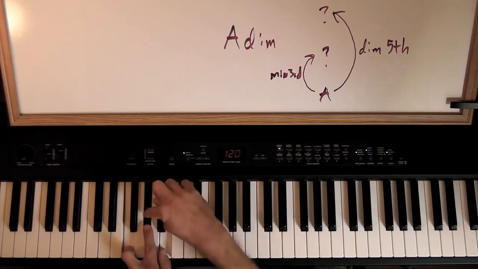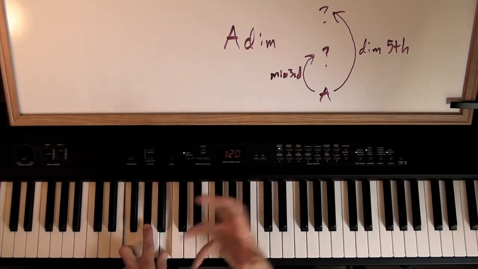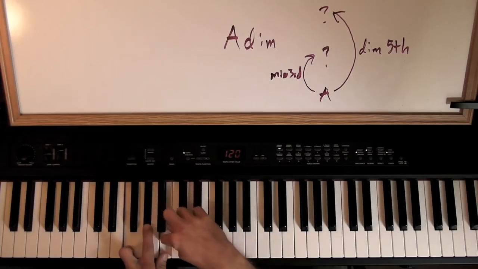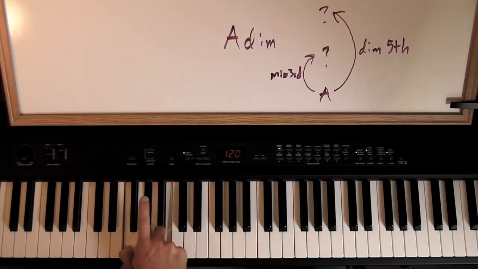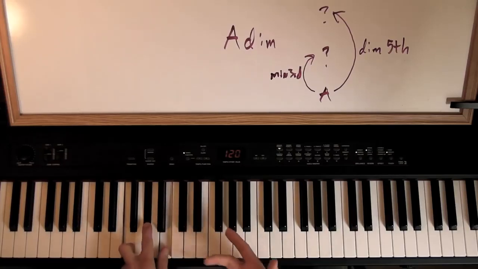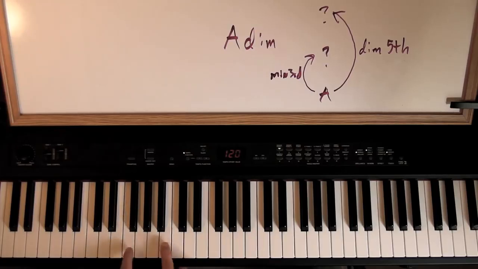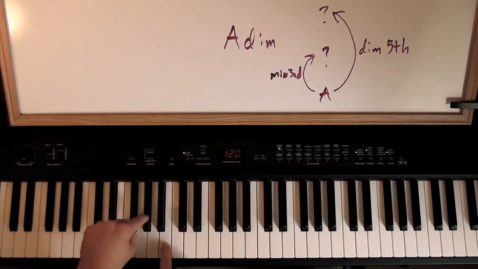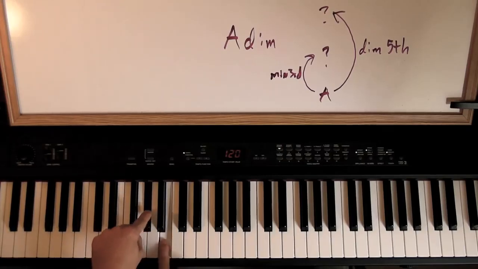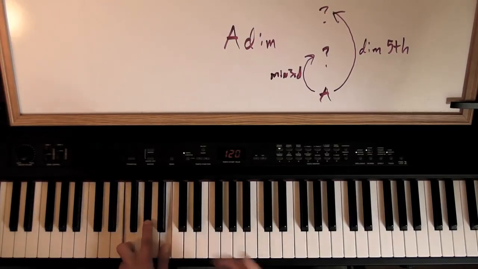But when you're doing this diminished chord, you have your minor third and your diminished fifth. There's also a minor third between here and there. If you measure the distance between these two notes, it's also a minor third. So when you're putting together this chord, instead of looking for your fifth and making it a diminished fifth, you can compare this note to that middle note and think, okay, this needs to be a minor third. That can sometimes be easier to see.